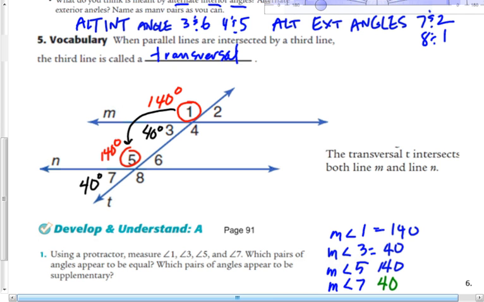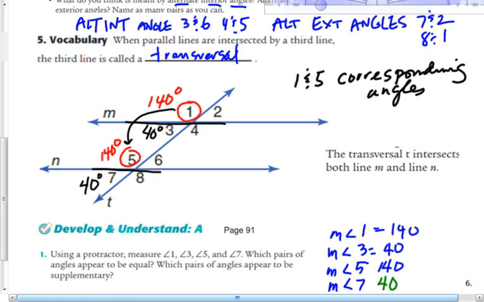When two angles are in the same position on the parallel line, so this 5 is on top of this line, and the 1 is on top of this line, but they're both on the same side of the transversal, we call those corresponding angles. Okay, and also 3 and 7 are corresponding angles. So corresponding angles are in the same position, just in different spots.